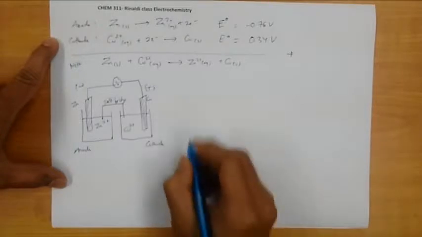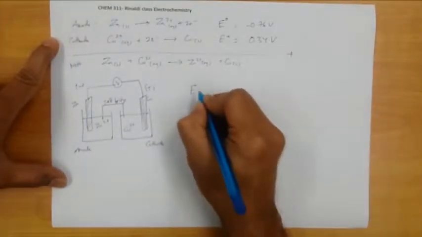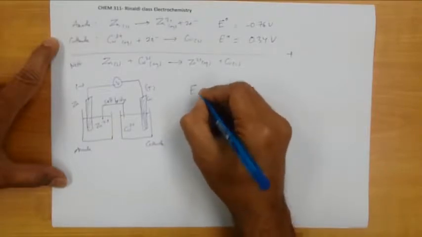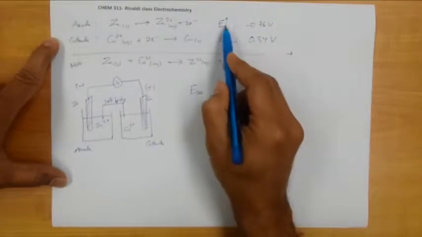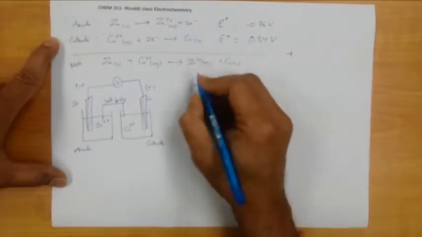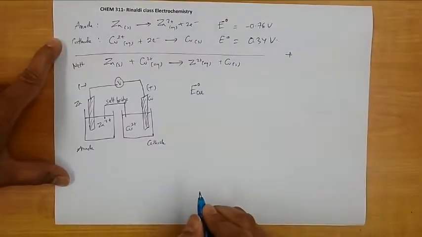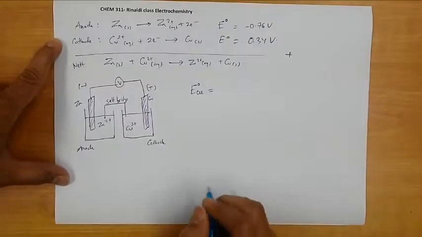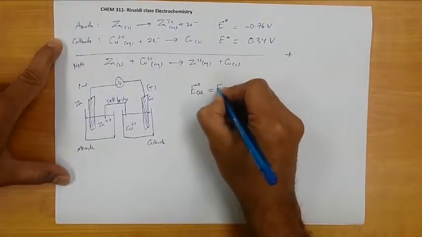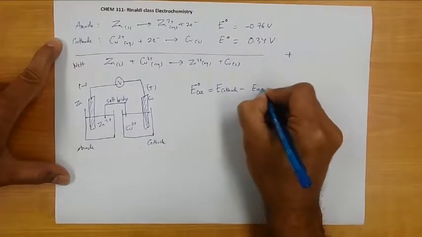Okay, so what is the potential, the E of this cell, right? Because we are using standard half cell reactions, the E cell will also be a standard E cell. This is calculated with the formula E of the cathode minus E of the anode.